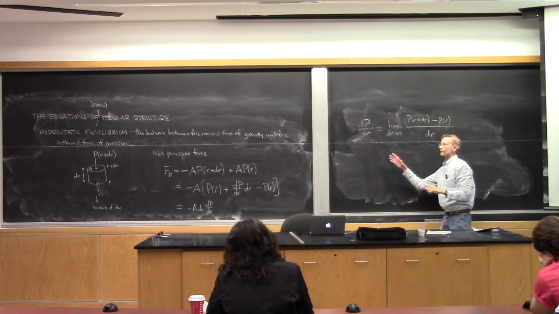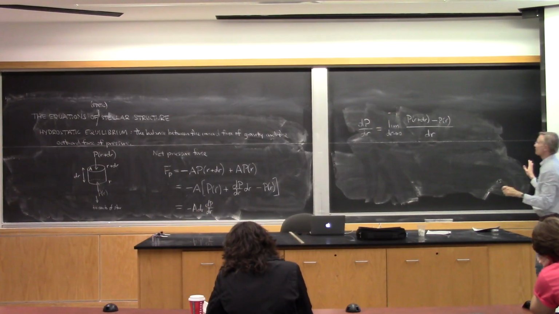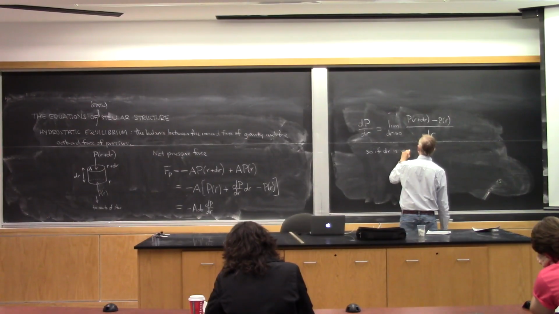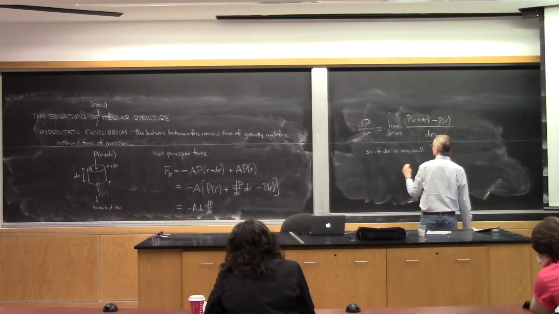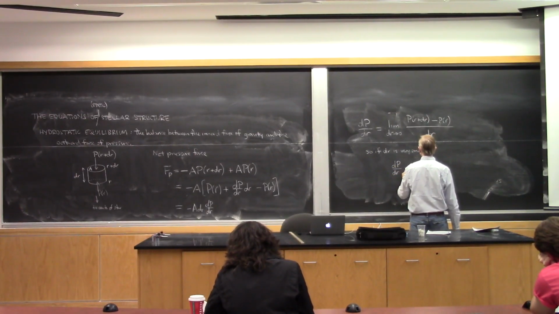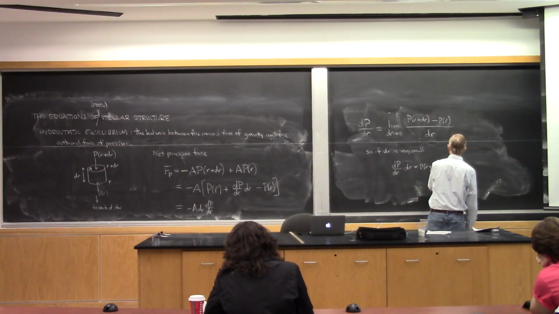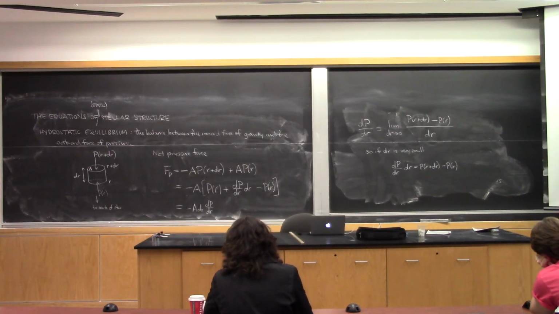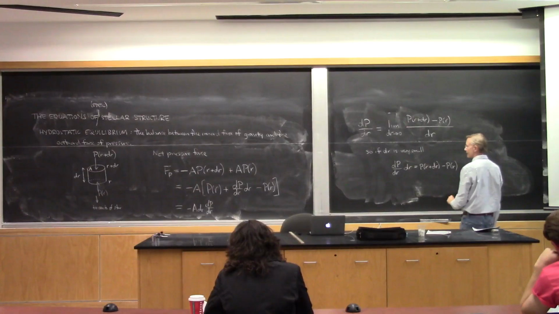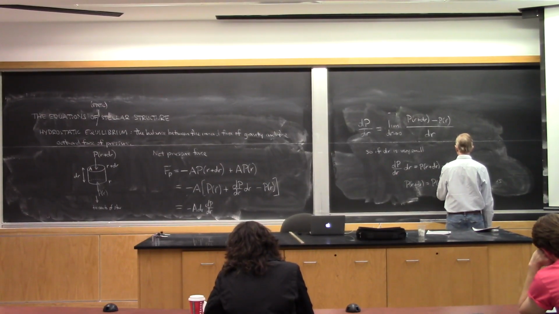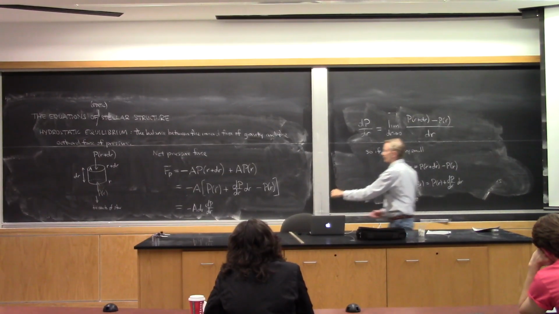Then we're going to take that limit eventually, but that's kind of a decoration here. As long as dr is really small, because we're taking the limit as it goes to 0, then dP dr times dr is P of R plus dr minus P of R, just multiplying through by dr. Or in other words, this says that P of R plus dr is equal to P of R plus dP dr times dr, which was our second step right here.